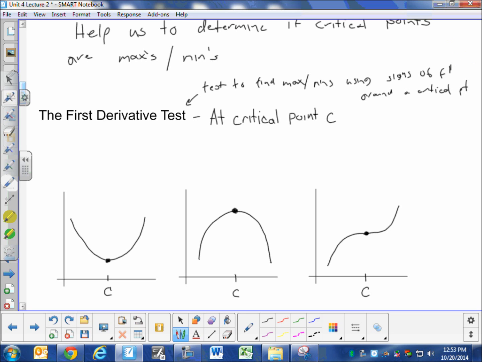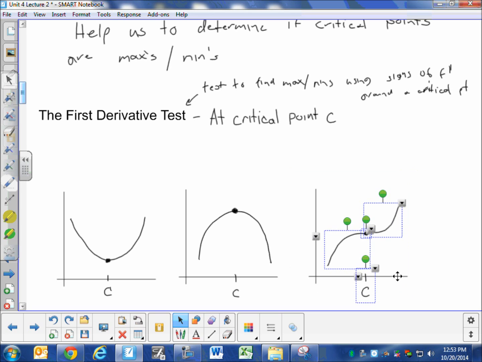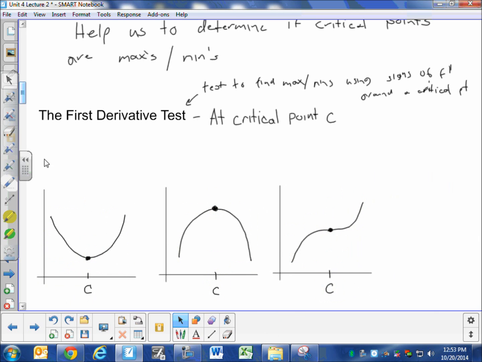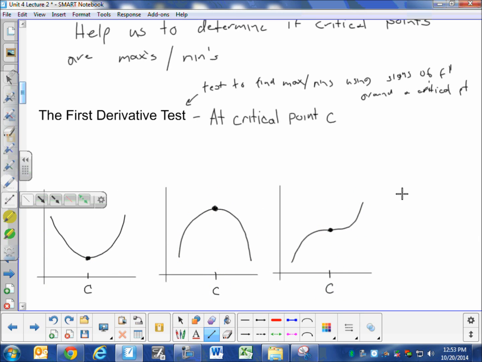Test to find max and mins using signs of f prime around a critical point is what that says. Give you 4 examples of situations where we can have a critical point.